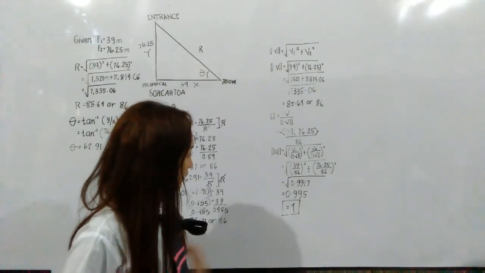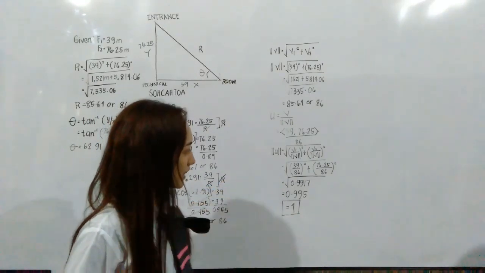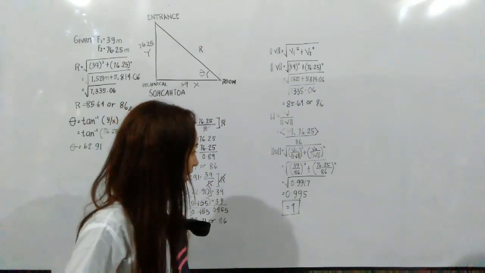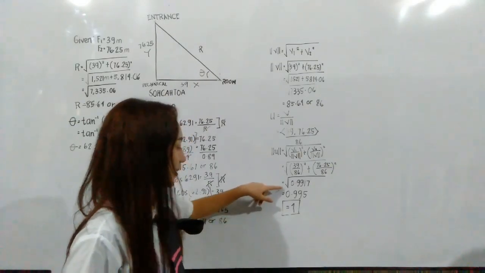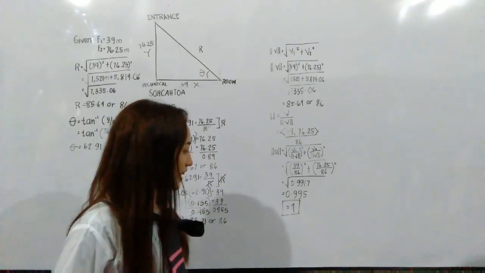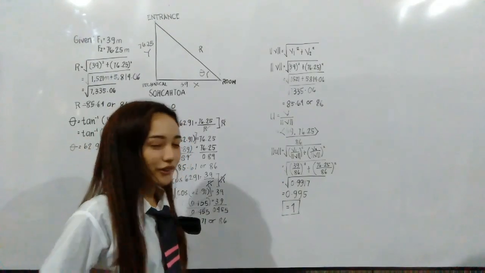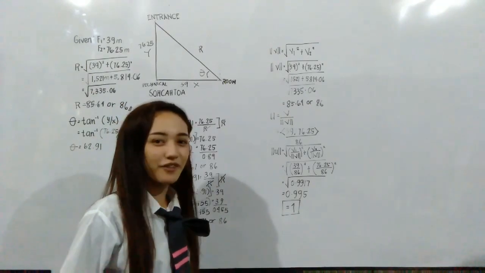So the square root of 39 over 86 squared plus 76.25 over 86 squared is equal to 0.9917. So the square root of 0.9917 is equal to 0.995, and we're going to round that off to 1. So the magnitude of the unit vector is right.